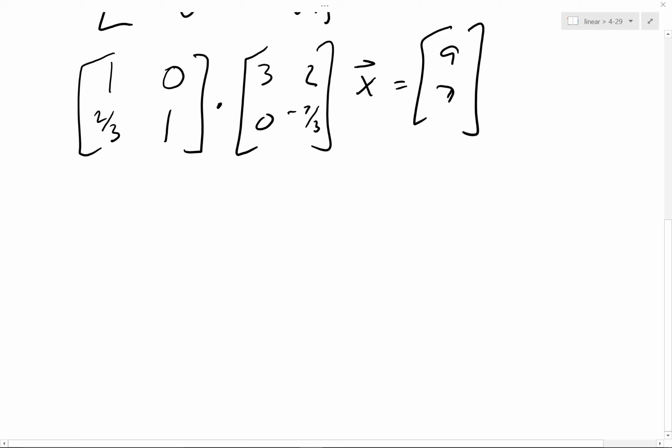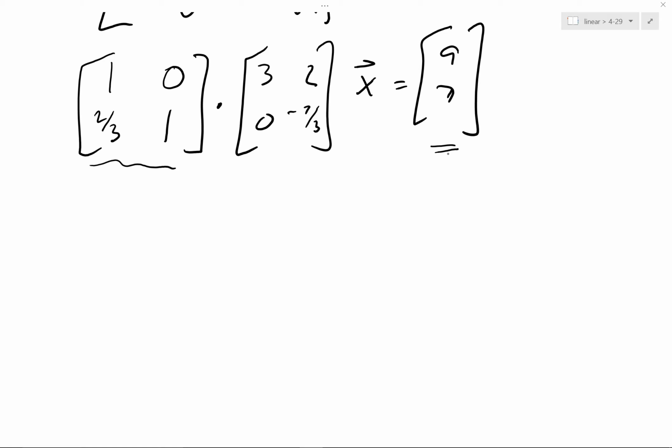So what you're going to do is treat Ly as if it were B. So L times the y vector times this vector over here is equal to B. L times y is some B value.